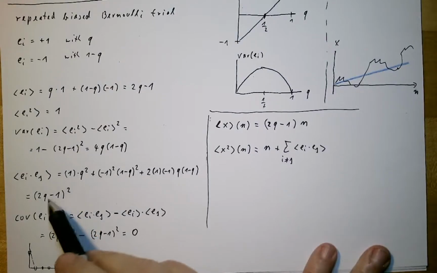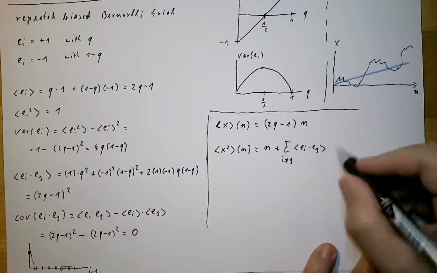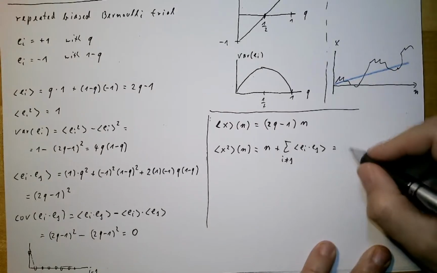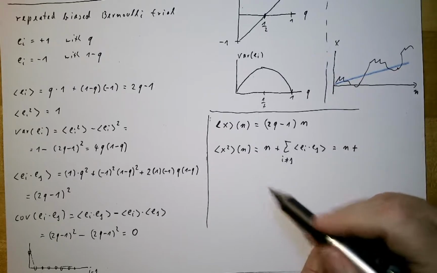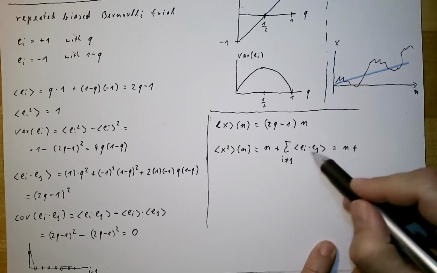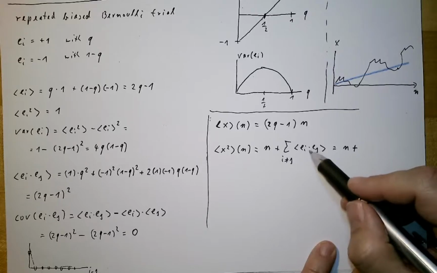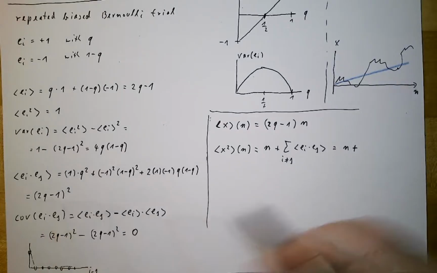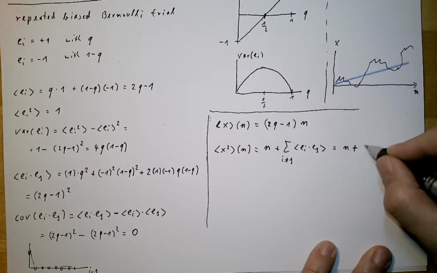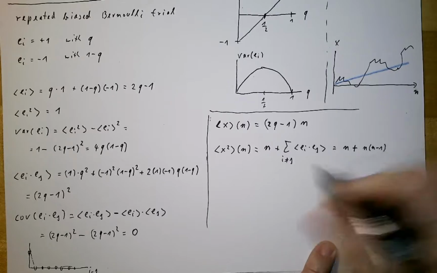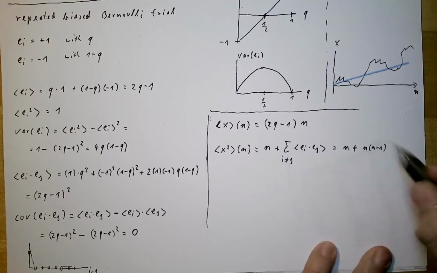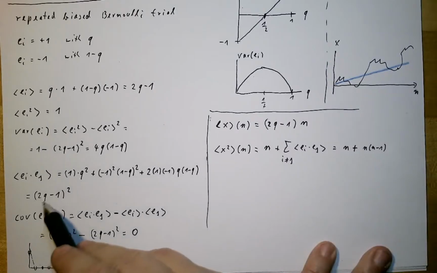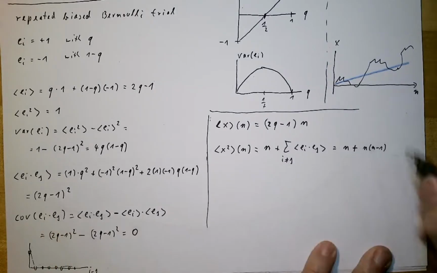And how many of these terms do we have? Let's write this here again. It's n plus, and essentially all these terms have the same value, and there are exactly n times n minus 1 terms in the sum here, because i should not be equal to j, and the value is 2q minus 1 squared.